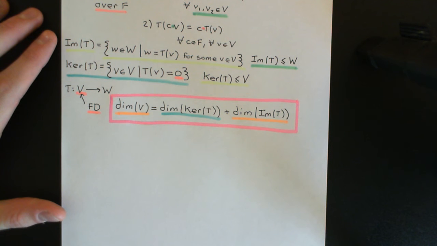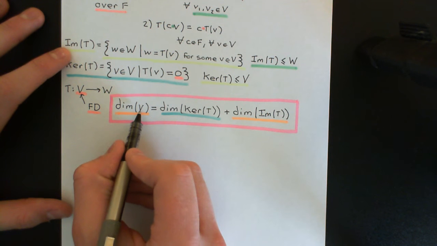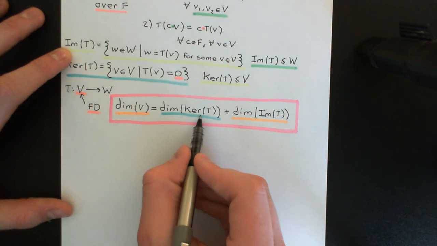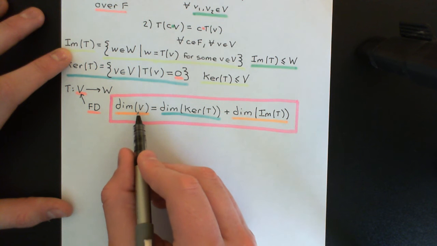So the way that we're going to prove this formula is we're going to try and produce a basis of the vector space capital V. And the way that we're going to do this is we're going to start off with a basis of the kernel of the linear transformation and extend that up to a basis of the entire vector space capital V, the domain vector space.